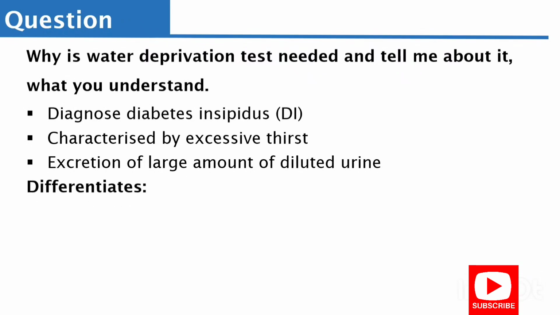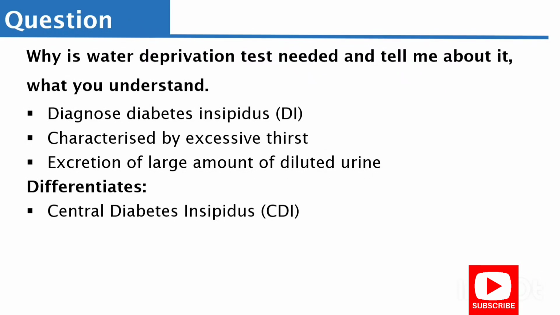Obviously, it also works as a differentiation test. So in addition to throwing more light on the diagnosis of diabetes insipidus, and characterizing the primary cause of excessive thirst, and the excretion of large amounts of diluted urine, one other thing it does is to differentiate things like central diabetes insipidus, okay? Remember, before I continue, there's a difference between diabetes insipidus and diabetes mellitus, like when you talk about type 1 and type 2, as the case might be, okay?